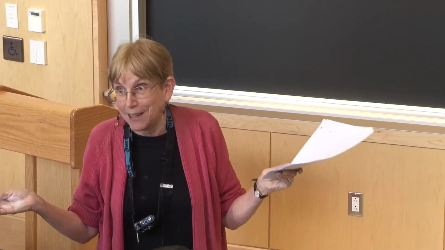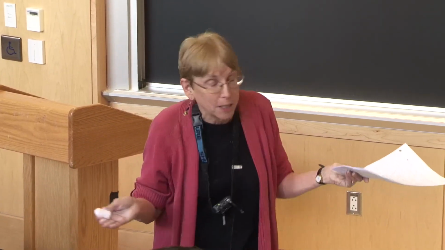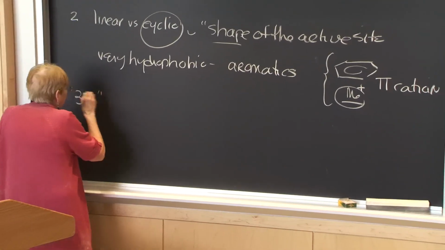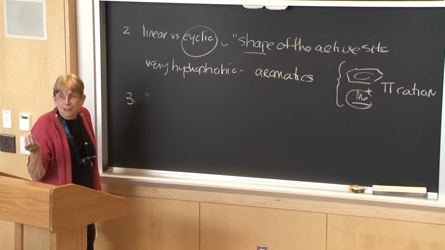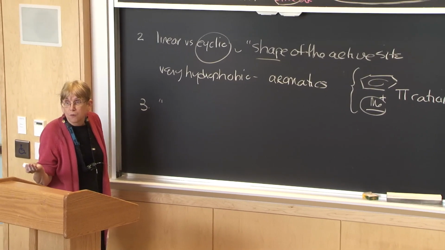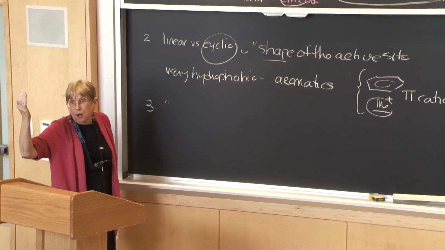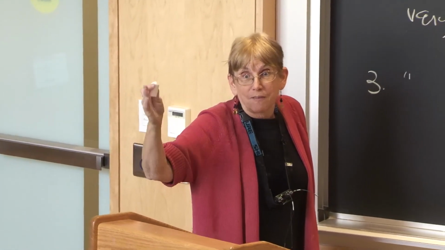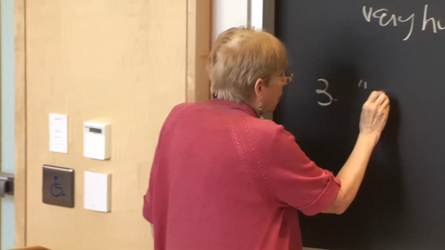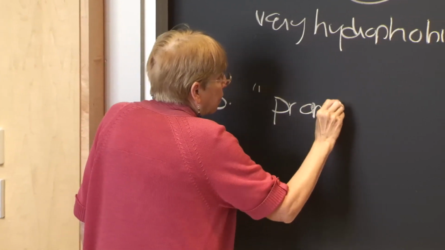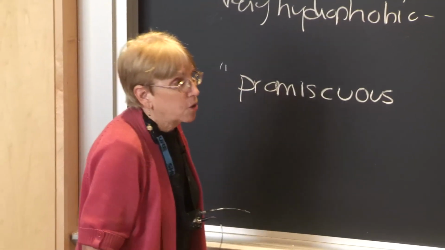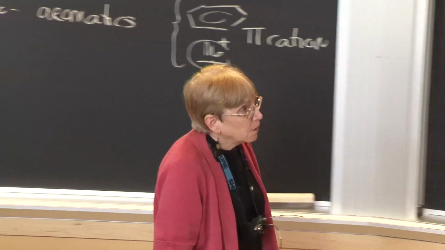There's no way you could guess what the product would be, in my opinion. So what happens is, when you start looking with good analytical methods, these enzymes are really promiscuous. They might produce a predominant product, but they always produce a bunch, 1%, 5%, sometimes even more of other products.